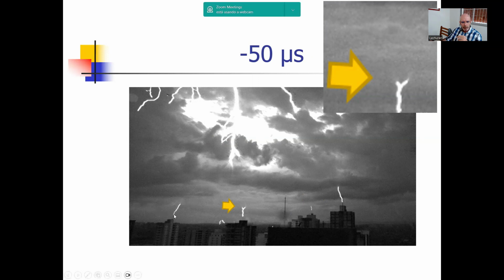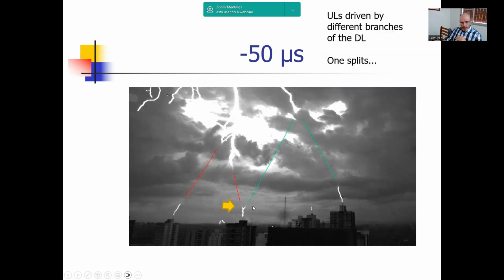You can see here the inclination of this upward leader. It moves towards this main branch. This one moves towards this one. This one splits between these two. It seems to be driven by two forces here.